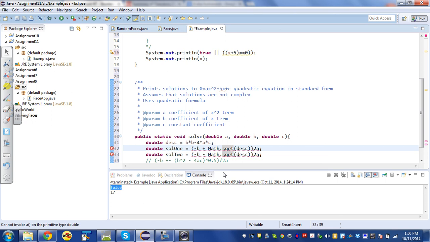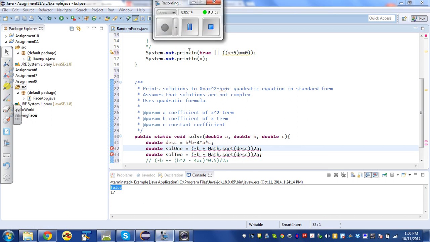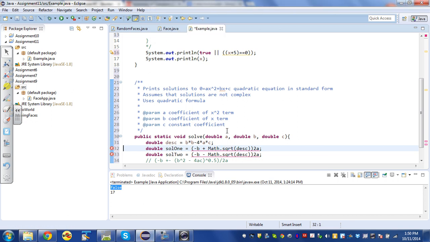Silly me. All over 2a. Forgot the division sign. And it's all over 2 times a. Forgot the multiplication symbol. And I'm being extra careful with these parentheses to control my order of operations. I want to multiply 2 by a before I do the division.